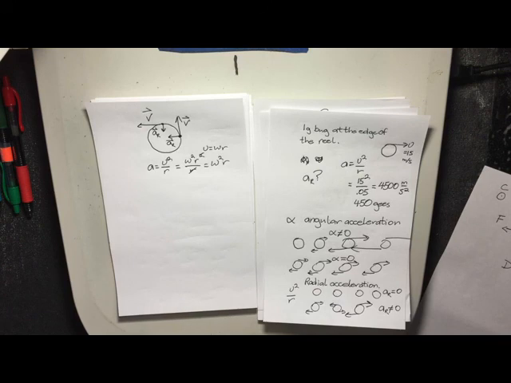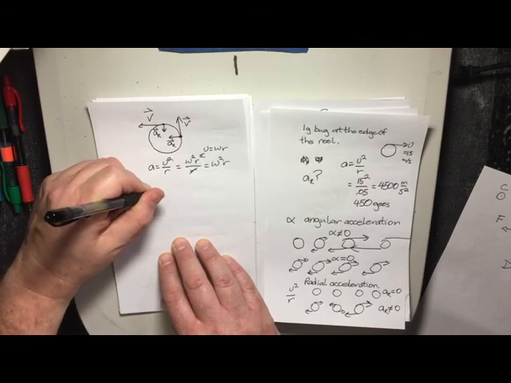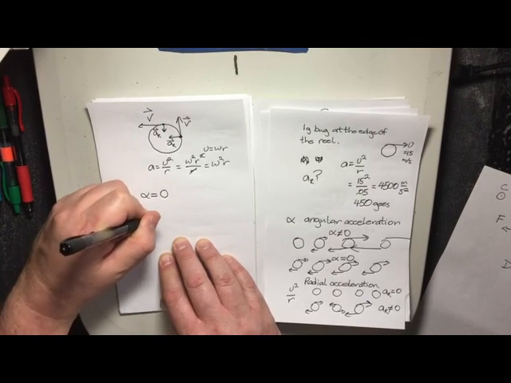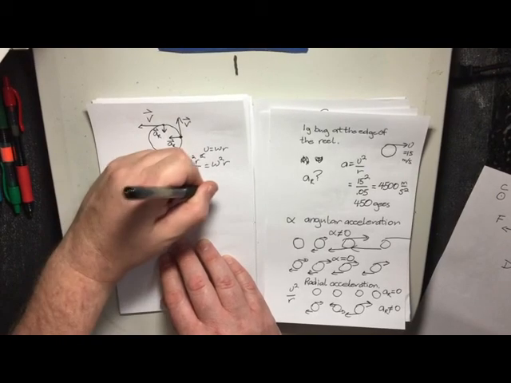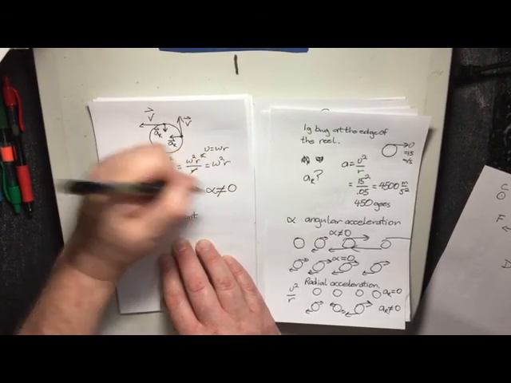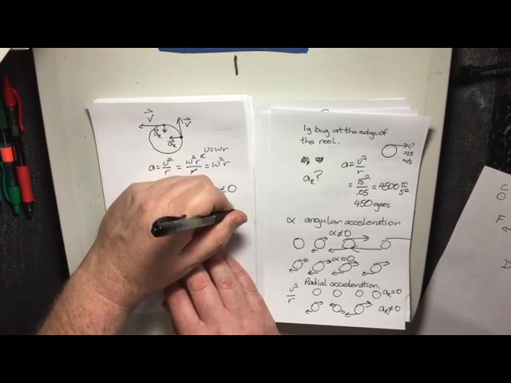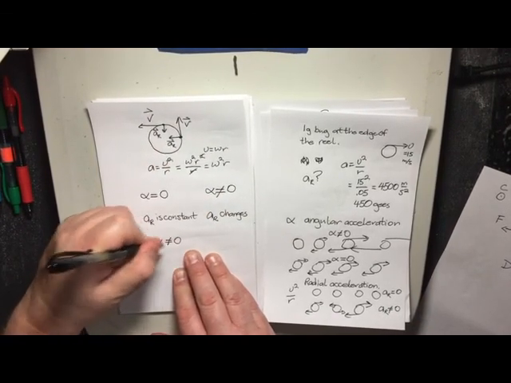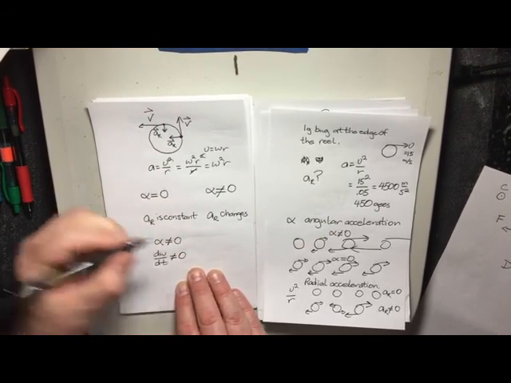It's not constant. Not constant velocity. Good question. If alpha was equaling 0, then AR is constant. If alpha doesn't equal 0, then AR changes. And how is that? If alpha isn't 0, then d omega dt isn't 0.